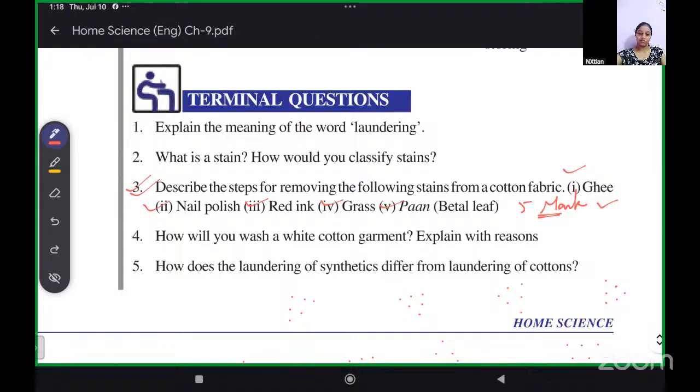I'm done, ma'am. You're done. Okay. Can you click a picture and send me? Is that possible? As a PDF, right?